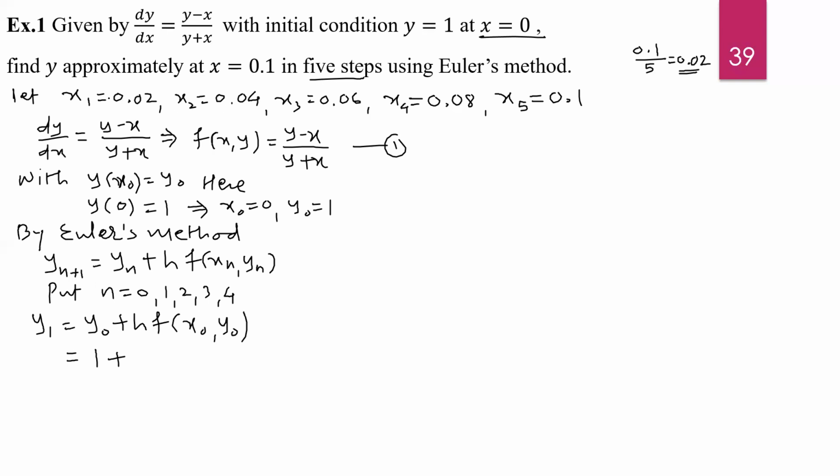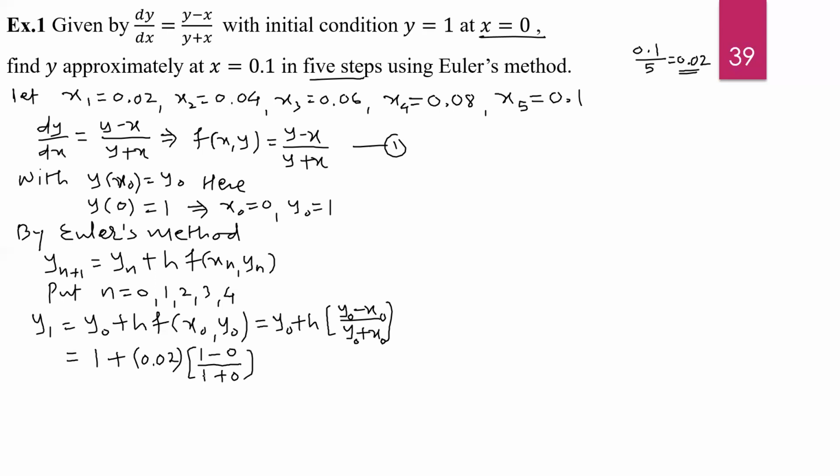If we calculate the difference x2 minus x1 or x3 minus x1, we get throughout the difference 0.02. Now the function, I am writing the same step again: y naught plus h times the function in terms of y naught and x naught, that is y minus x divided by y plus x. y naught is 1 minus x naught is 0, divided by y naught is 1 plus 0.